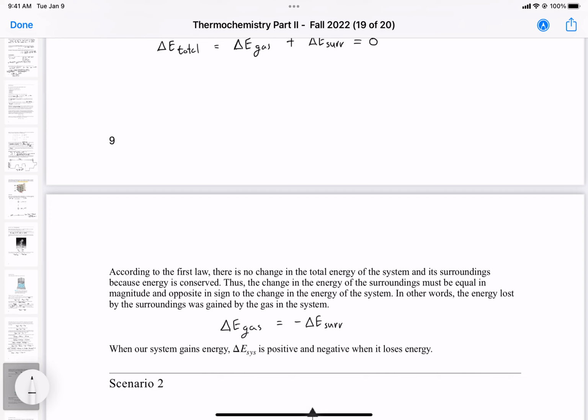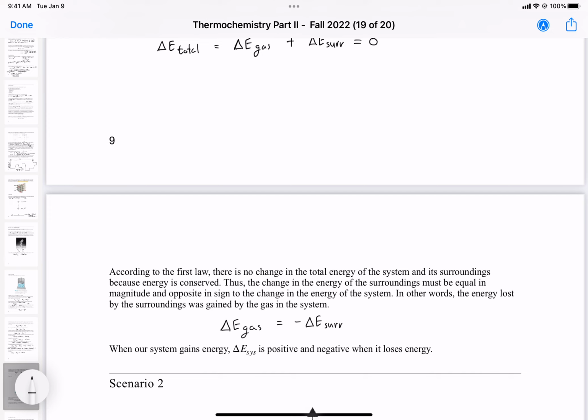Okay, so that's how we can represent the change in energy that's happening between our surroundings and the system, the gas. One thing you want to note is that when our system gains energy, delta energy of the system is positive, so we gained energy. And when it loses energy, so say something's cooling down and giving off energy or heat to the surroundings, delta E will be negative, just like the surroundings is, in our case, negative.